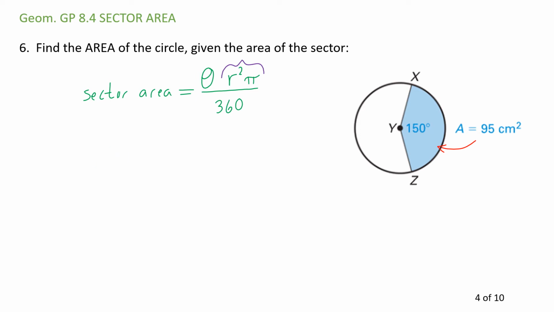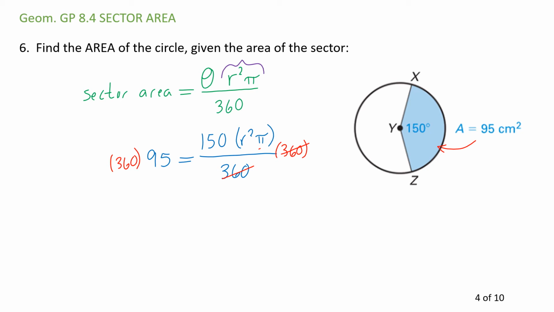Fill in what you know. I know the area of the sector is 95. I know the central angle is 150. And then this whole thing over here, r squared pi, is the area. So in order to do this, I'm going to get this r squared pi by itself. Start by multiplying 360 to both sides. It goes away over here.